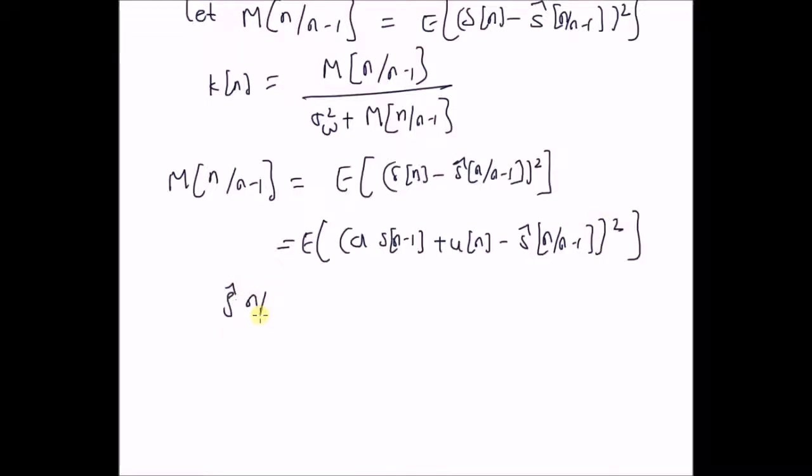Since s hat of n given n minus 1 is equal to a times s hat of n minus 1 given n minus 1, this can be easily derived from the scalar state model.